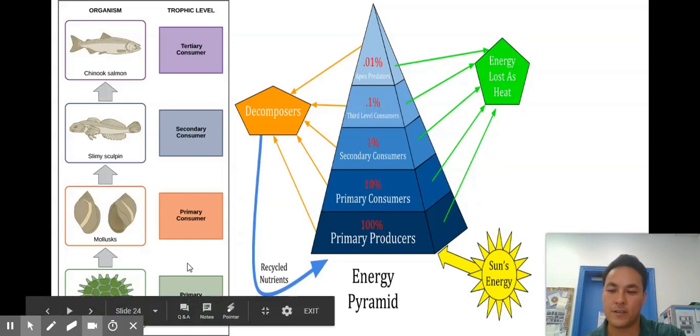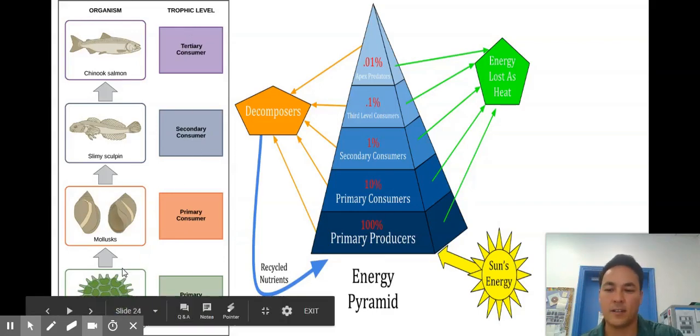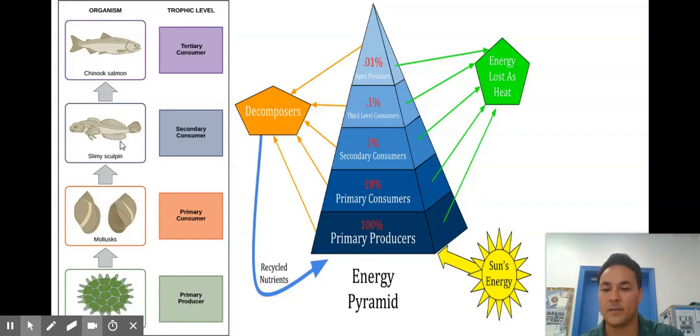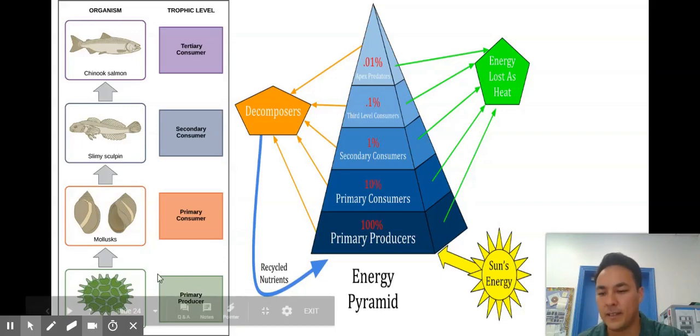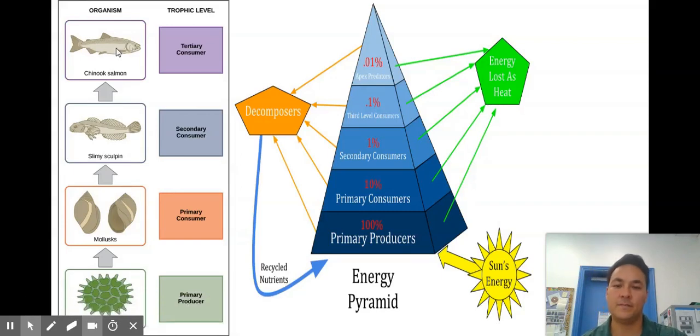These would be producers, consumers, secondary consumers, and tertiary consumers. These, if they only ate plants, would be called herbivores. These, if they only ate primary consumers or other living organisms that aren't plants, they would be carnivores, etc. You all knew that. This would be the first trophic level, second trophic level, third trophic level, fourth trophic level.